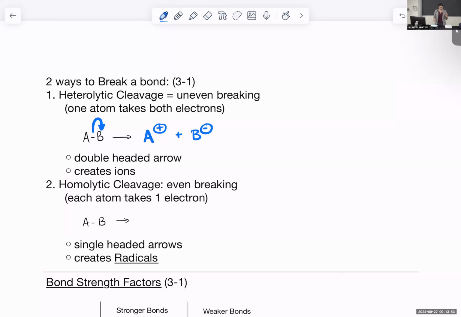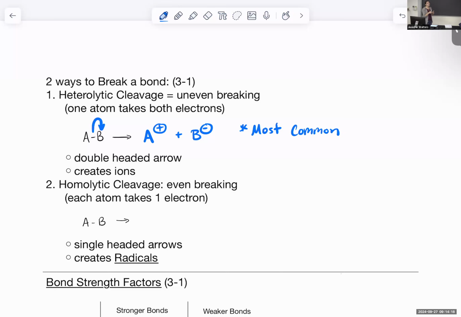You get ions from this. It's where you have that full-headed arrow, which is where you are creating ions. That is what we're going to do for most of the semester. That's what I want you to generally do, because that's what's most common.